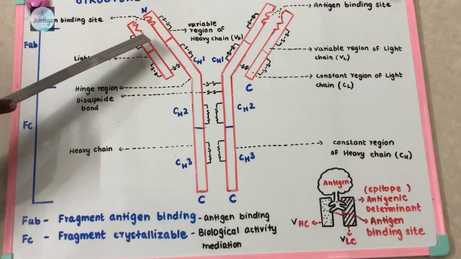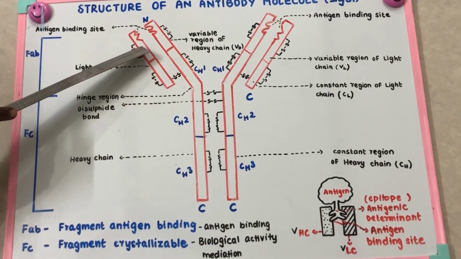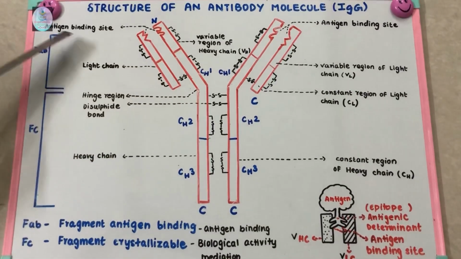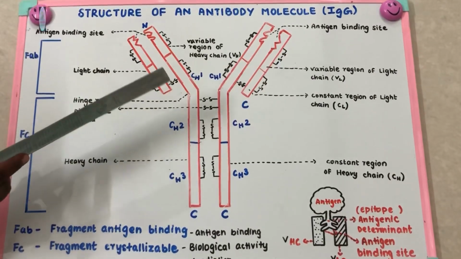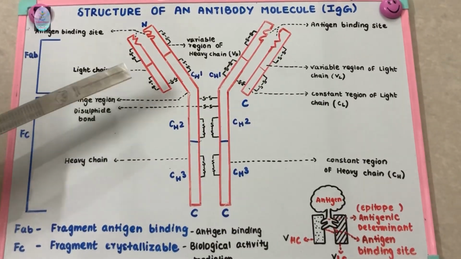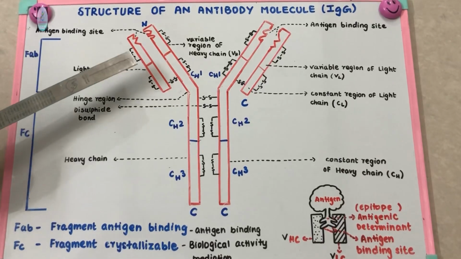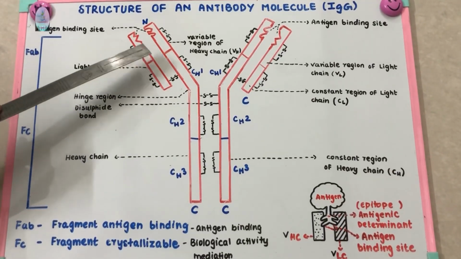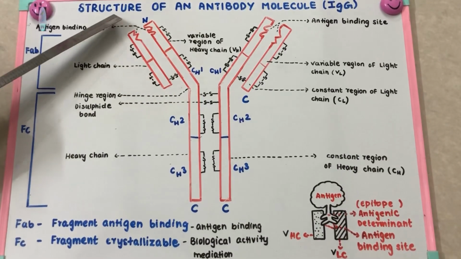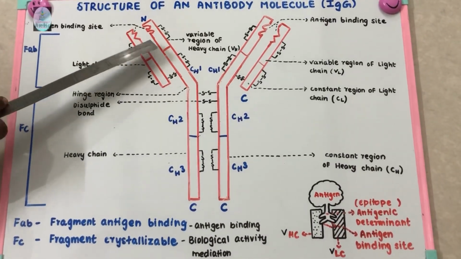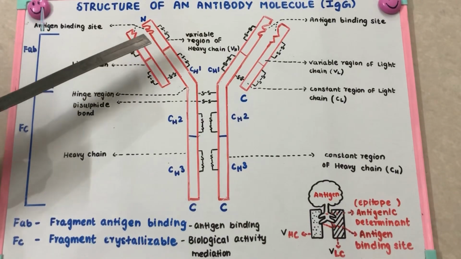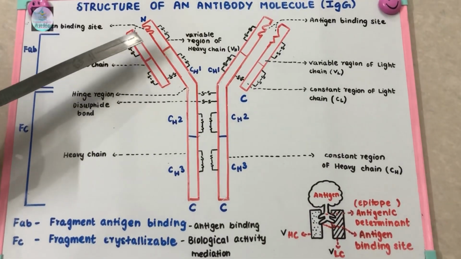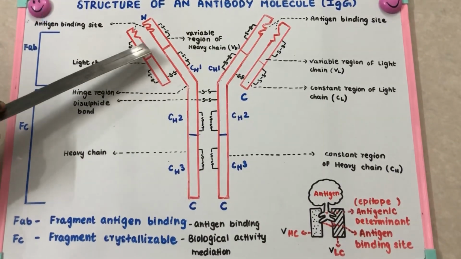It is present in both light chains and heavy chains. Here is the fragment antigen binding, here also. And the antigen binding sites are specific to antigens, this we know already. The antigen binds to this region in a lock and key pattern. Once the specific antigen reaches this site, it binds in a lock and key analogy, and it forms an antigen antibody complex.